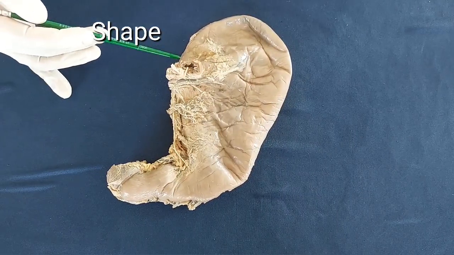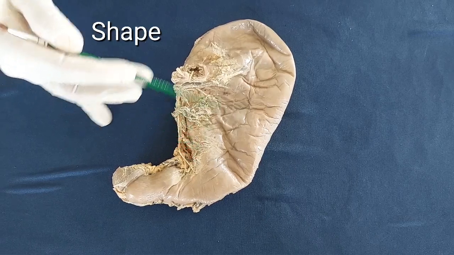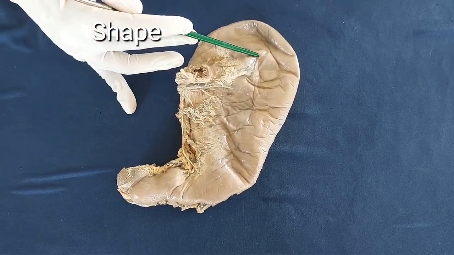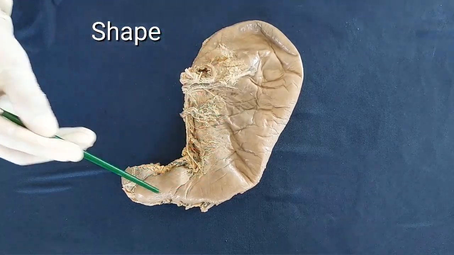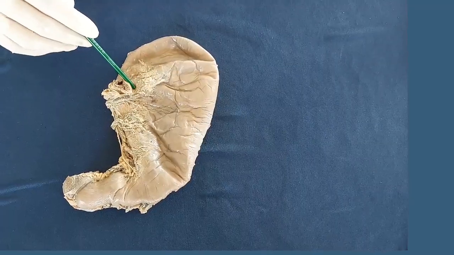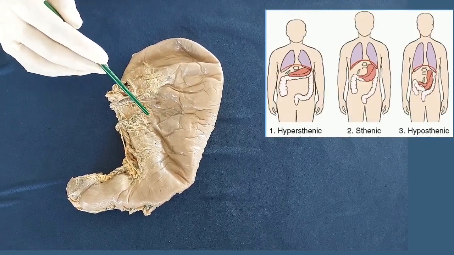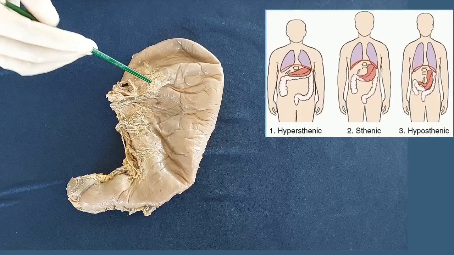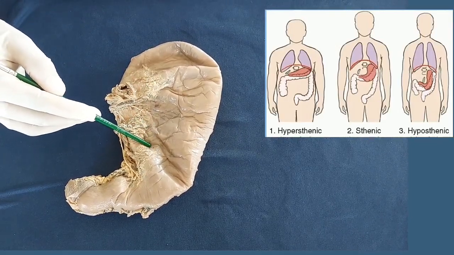Shape of the stomach. In cadaver, the stomach is sickle shaped, the wider end being directed upward and to the left, while in the living, the stomach is J shaped. Clinically, the stomach presents three types: sthenic or the normal type of stomach where the longer limb of the J is slightly oblique.